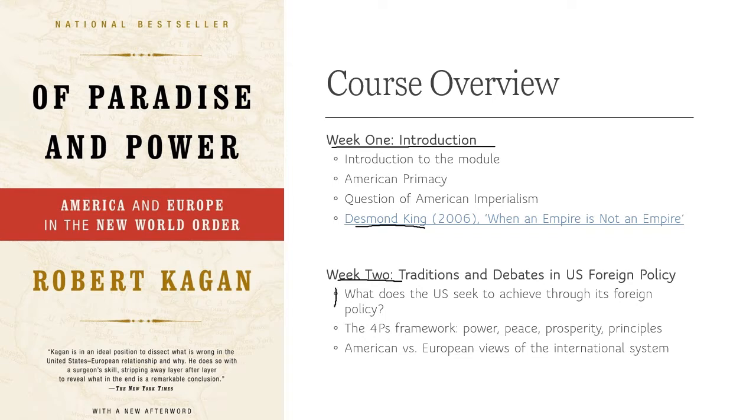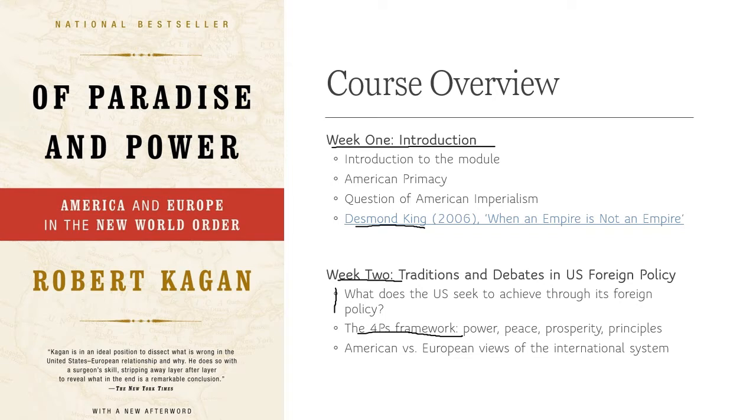So in the first question here on the slide, we'll try to look at this in a structured way, through what is often called the 4 Ps framework. This framework covers the importance of American military power. It touches on the US's search for international peace.